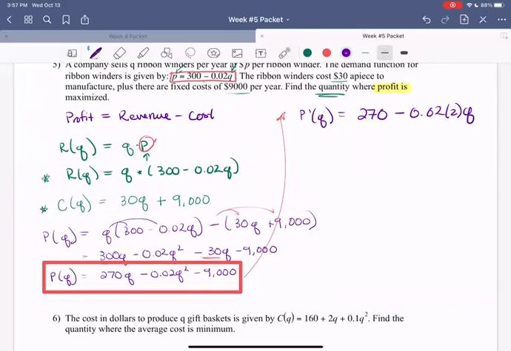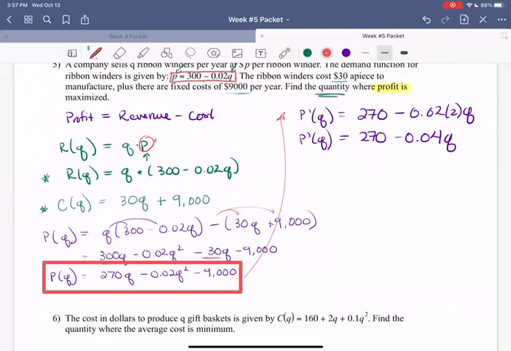That's just the power rule. And then plus 0 if you'd like. So that just becomes P prime of Q is equal to 270 minus 0.04Q.